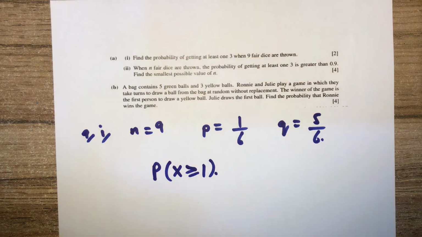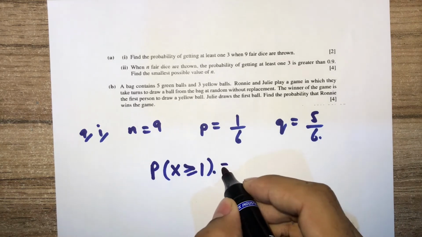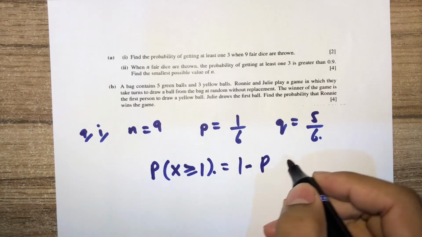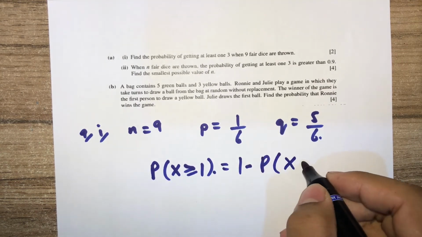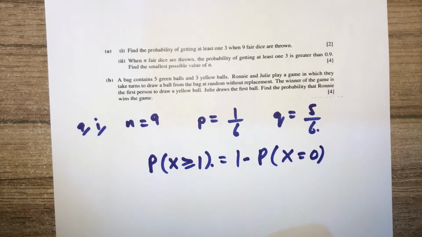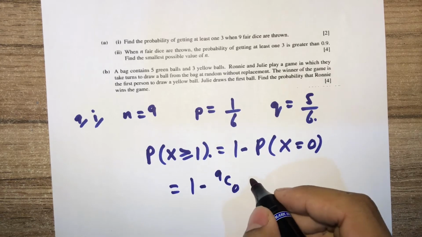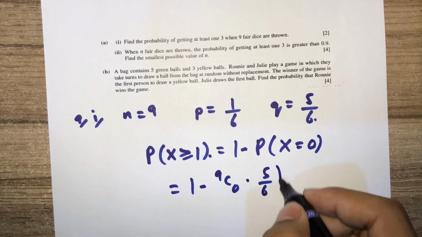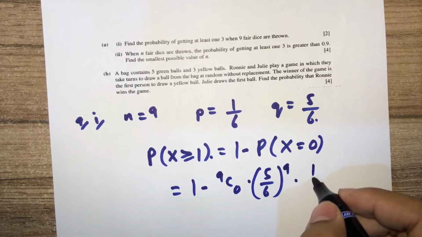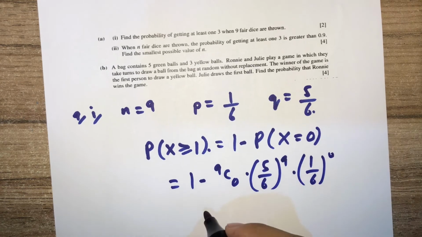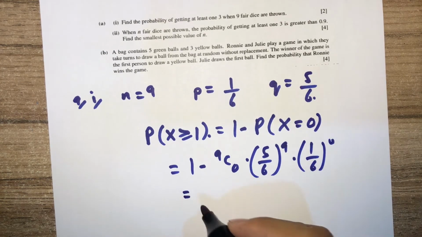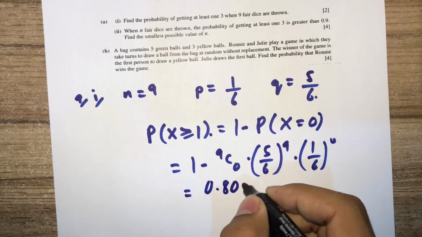You have to get 3 at least once, one or more than once. So this will be equal to 1 minus the probability of X equals 0, that is equal to 1 minus 9C0 times 5 over 6 power 9 times 1 over 6 power 0. So this is equal to 0.806.